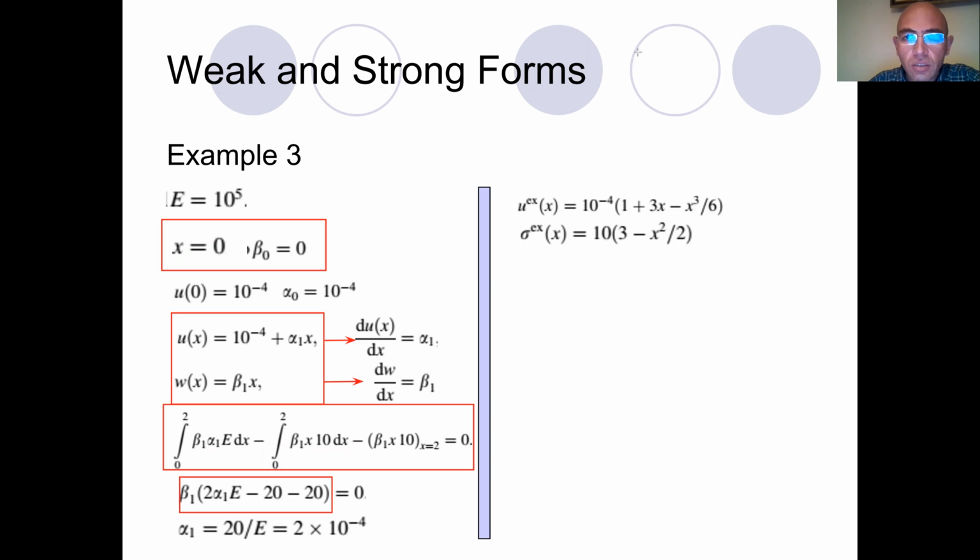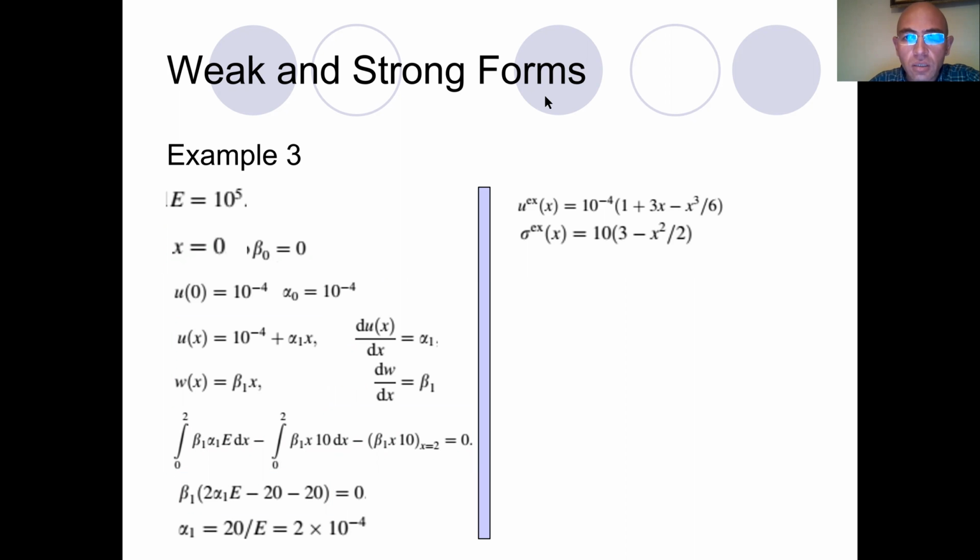Now here is the critical point. In order for this expression to be 0, the expression inside the parentheses has to be equal to 0. So this is the only way. Remember that the weight function is arbitrary and we can choose any function. Therefore, beta 1 can take any value.